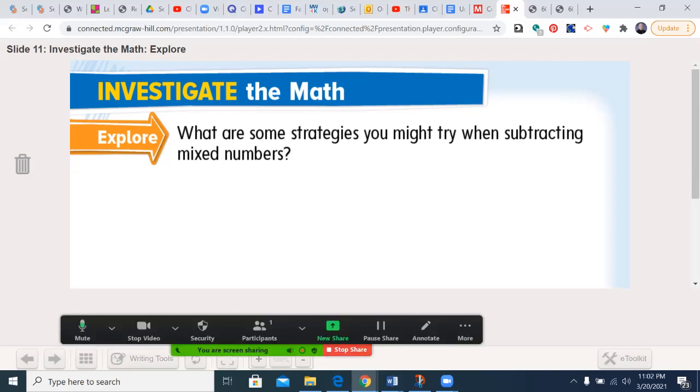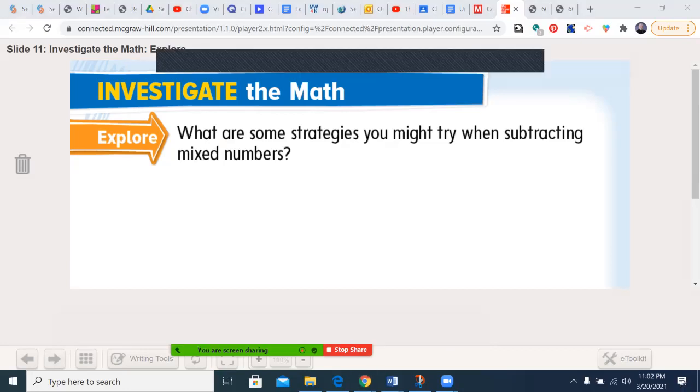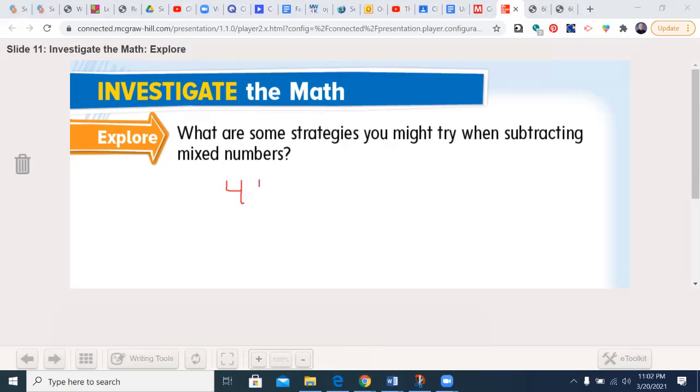And when I talk about the regrouping, let's say I have 4 and 1/4 minus 2 and 2/4. Now, normally this would be a half, but let's say I already simplified it or got the common denominator.